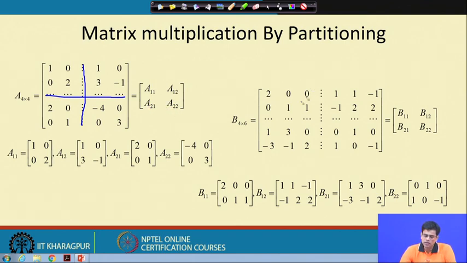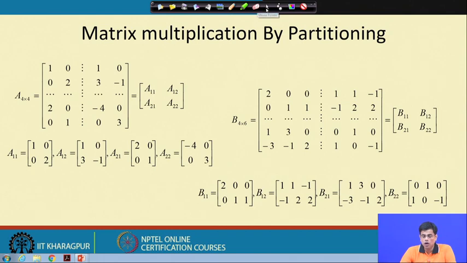And then this is also another 4 cross 6 matrix and we want to multiply the 4 cross 4 with the 4 cross 6 matrix. So, if we partition it again, it is 2 cross 3 at each block matrix. So, B11, B12 and B21, B22 we can write. Now, this is A11 and B11 we can see.